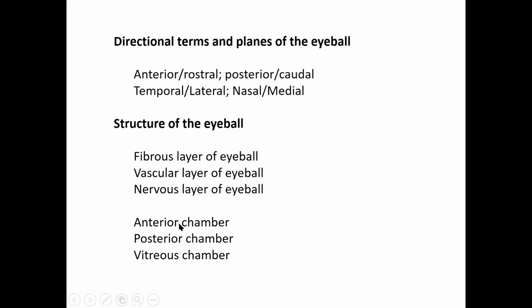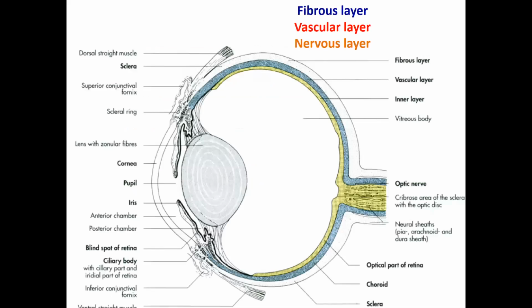So when we study the structure of the eyeball, we would be basically focusing on the three layers of the eyeball and the three chambers which are present in addition to the lens. Looking at the layers: the fibrous layer, the vascular layer, and the nervous layer. This is the sequence of the layers from outside inwards.